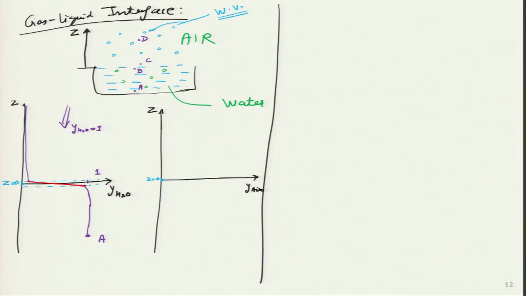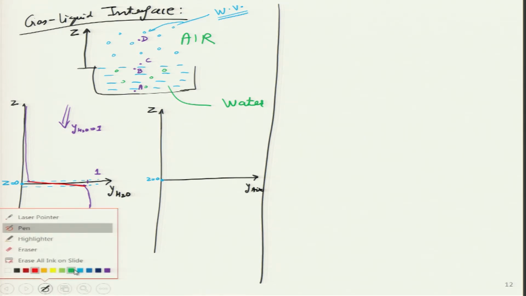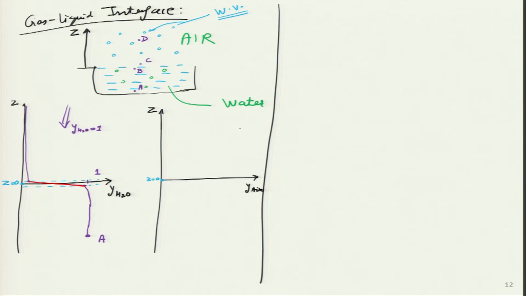The same thing we can draw for air. In the case of air, if I put the mole fraction as 1, this is y equals 1, the green marker. If we are very high at point D, I forgot to mention these points: this is A, this is B, C, and then very high, this is D. At D the air mole fraction will be 1. So, the line will come like this, and deep inside at point A it will be very close to 0, a very small number.